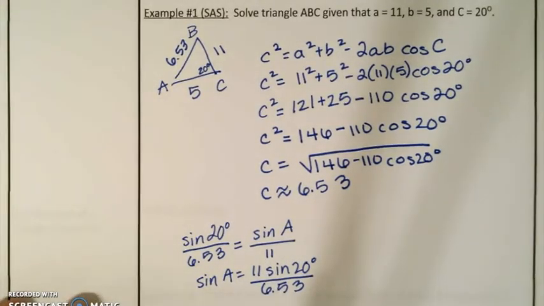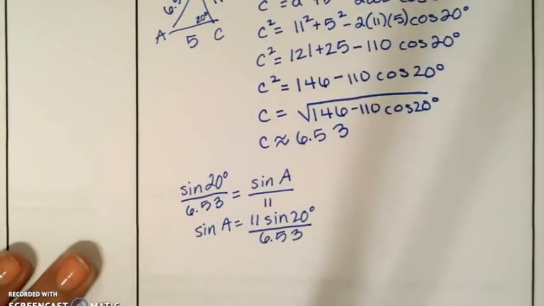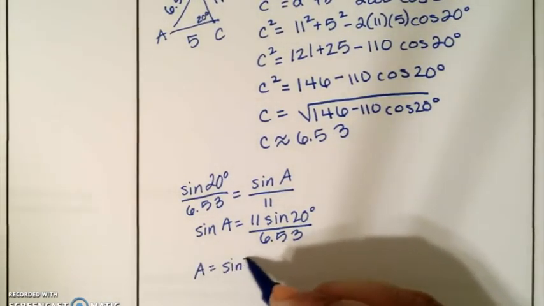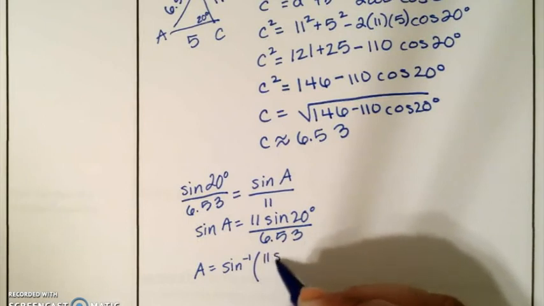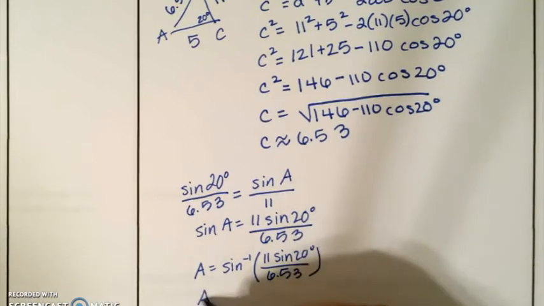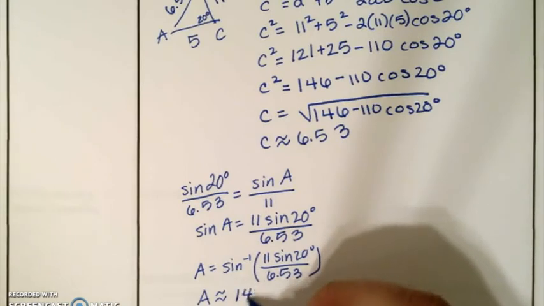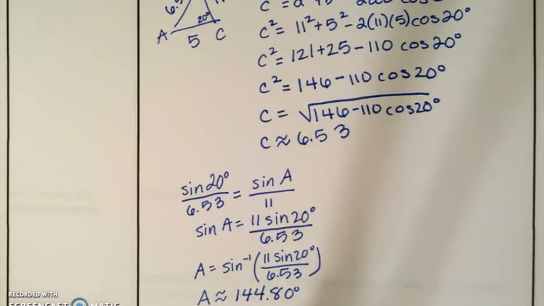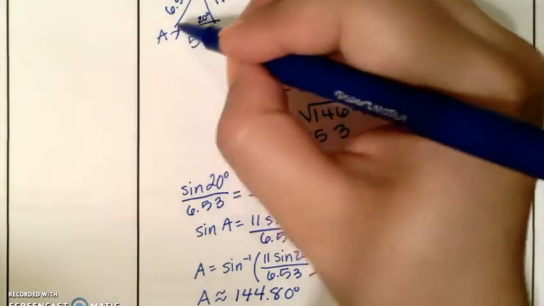Again, we need to use our inverse functions to solve this. So A equals sine inverse of 11 times sine of 20 degrees divided by 6.53, which using a calculator is approximately 144.80 degrees.